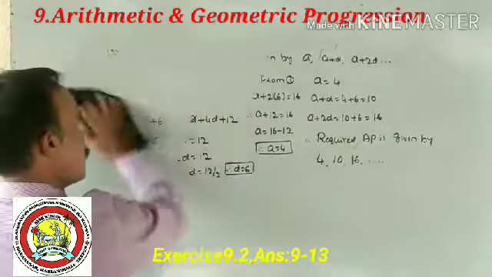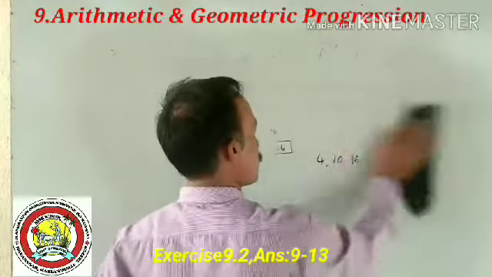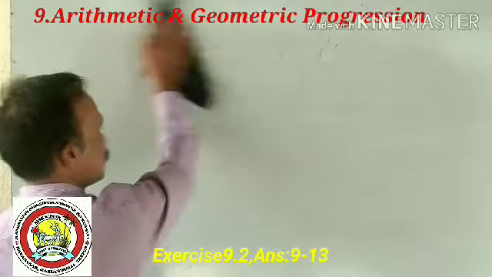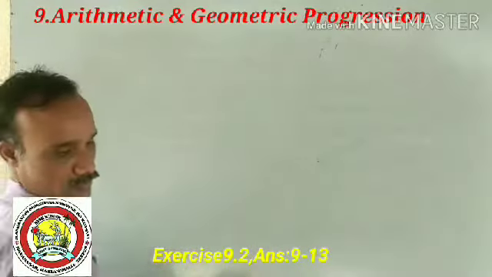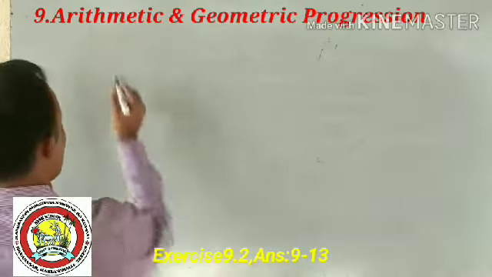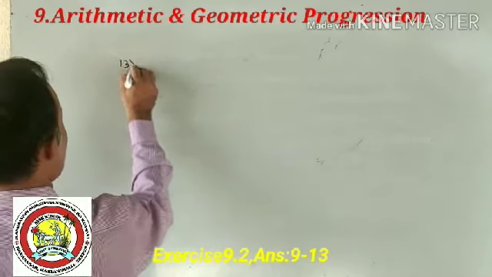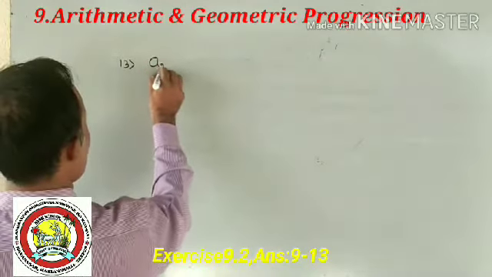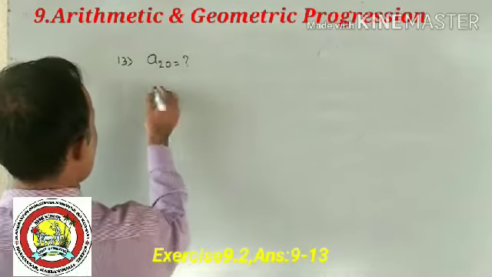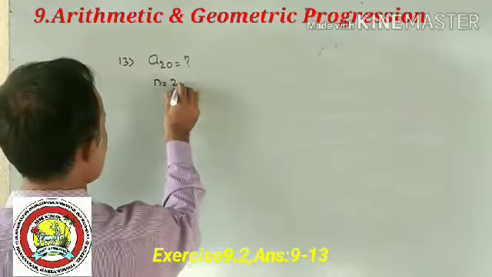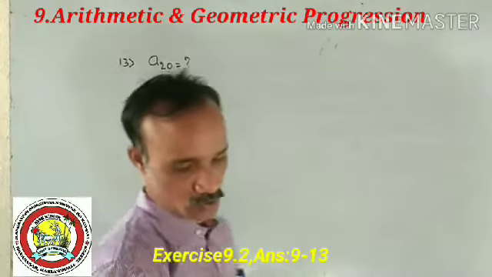Okay. Yes. Let's see today's last question, question number 13. Find the 20th term, that is A20 is equal to question mark. Immediately write the value of n is equal to 20.